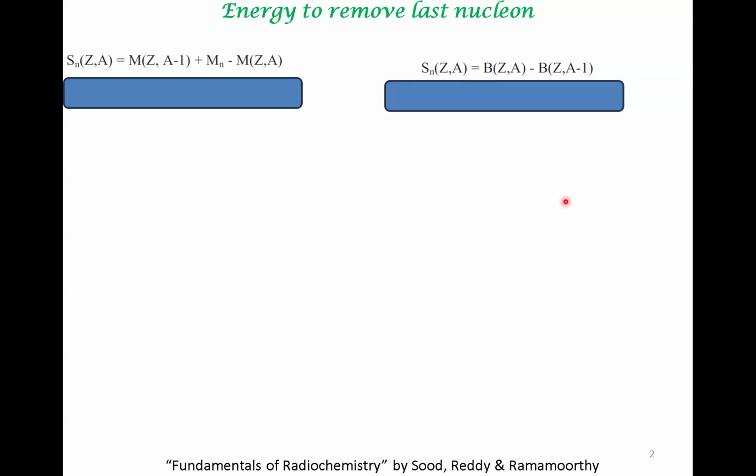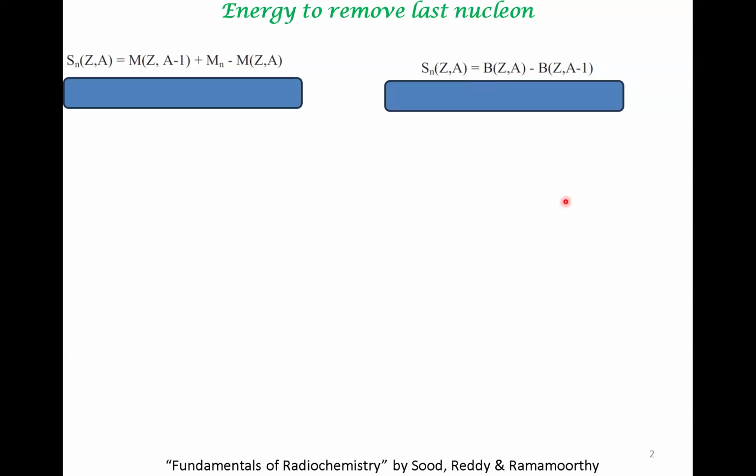So there are two kinds of nucleons, the proton or the neutron. We imagine that the different protons and different neutrons are arranged in such a manner that amongst all the protons or amongst all the neutrons, something has the highest energy, and to remove this particular nucleon, the energy required is the minimum, right?